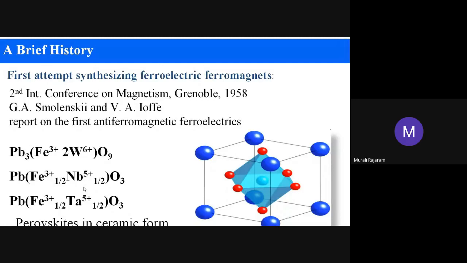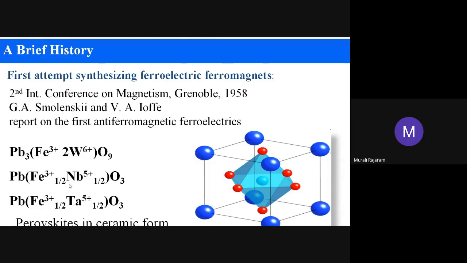Because, as I mentioned in the periodic table, they replaced iron, which has a half-filled d orbital, with niobium, which has a d0 or empty d orbital, replacing half of the iron.